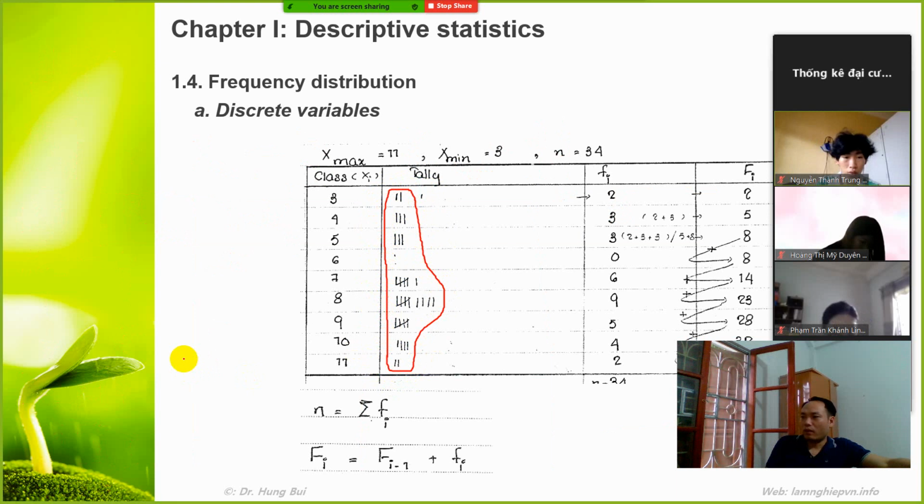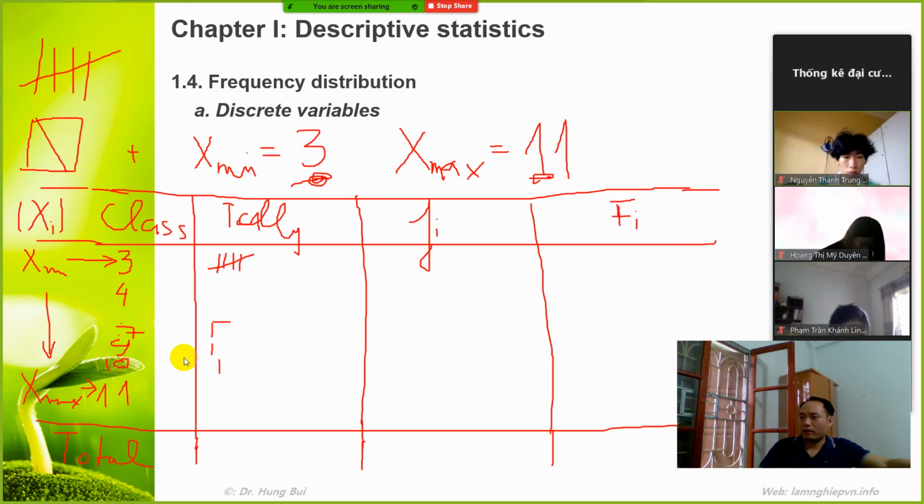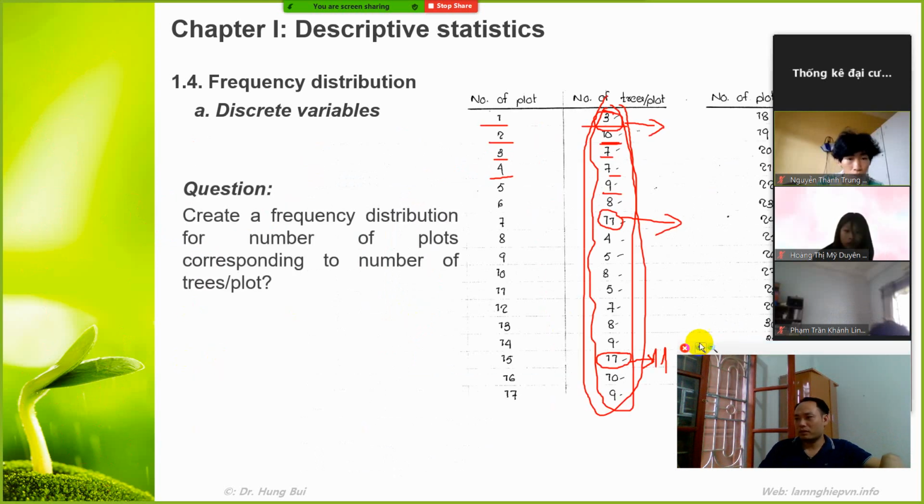Okay, so try one by one. I will move it up and try, and I give you some minutes to finish that. So one plot and then move next plot and next plot. Do that for 31 or 32 plots here.